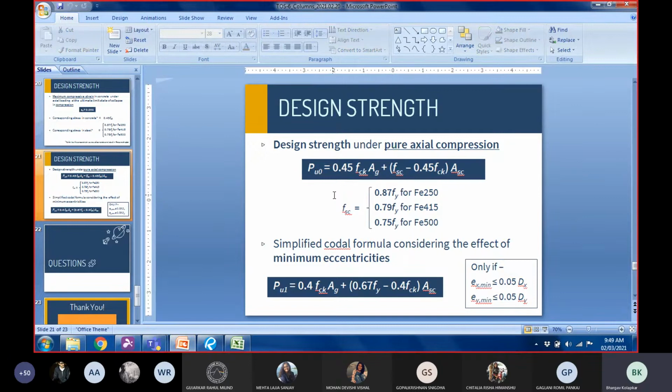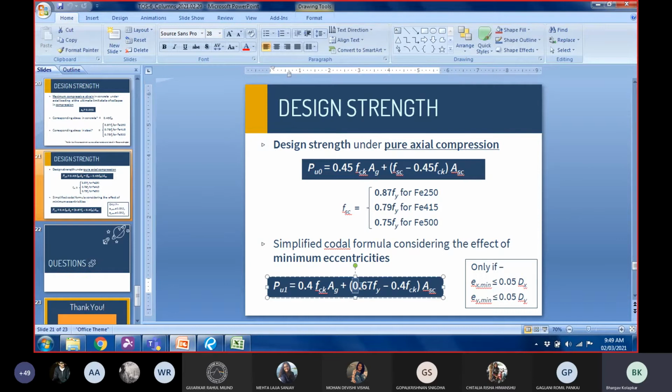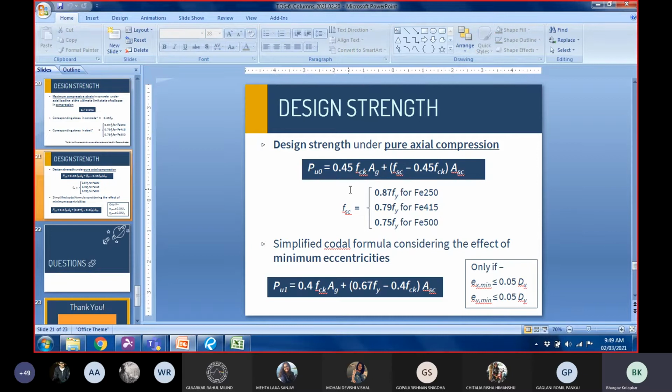If you see, 0.4 is approximately 0.9 times 0.45, or 90% of 0.45. So the code reduces this value by approximately 10%, and it gives a single value of the stress in steel irrespective of the grade of steel. So it has simplified this as well.